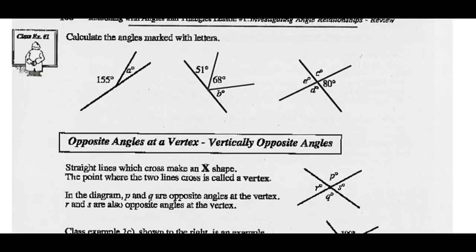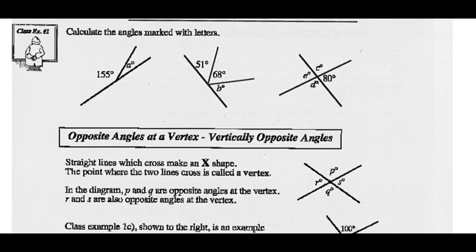Example 1, calculate the angles marked with the following letters. Well, I know that along a straight line, this has to add up to 180. So if this angle is 155, then A should equal 180 minus 155. So A is 25 degrees. In part B here, all the way along here should add up to 180.